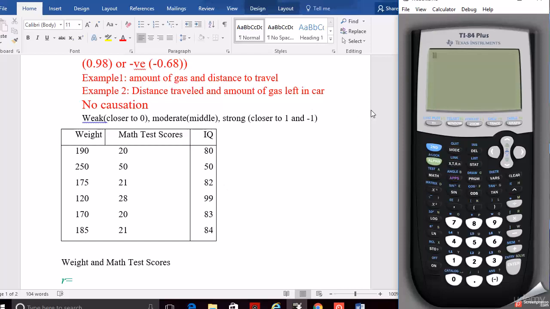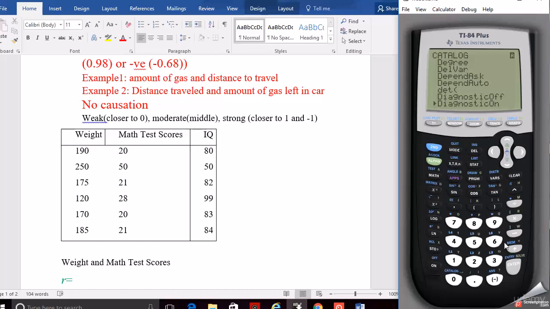To get to catalog, you will press second 0, that's catalog, and then you scroll down to find DiagnosticOn. When you see DiagnosticOn, you press enter, and once you enter, it means that you can now see the correlation coefficient value when you do linear regression.